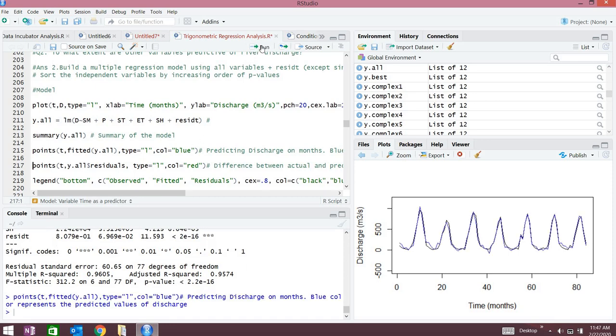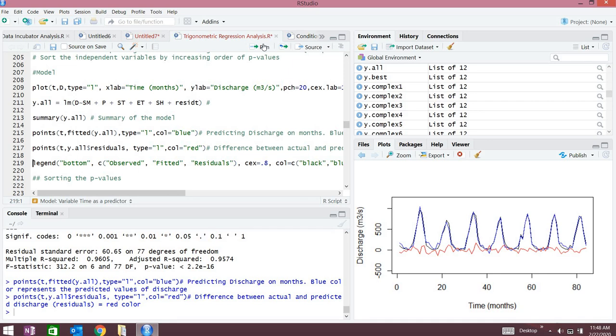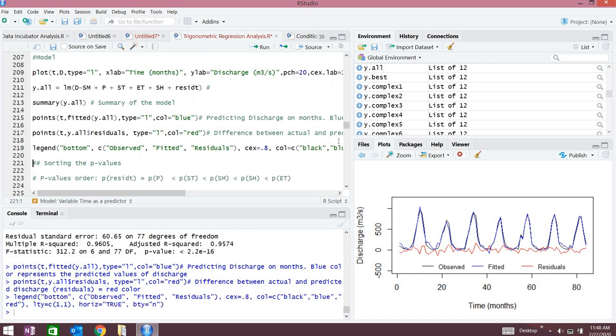So you run, these are the predicted. You run the next line of code, which is the residuals, and this code gives us the legend.